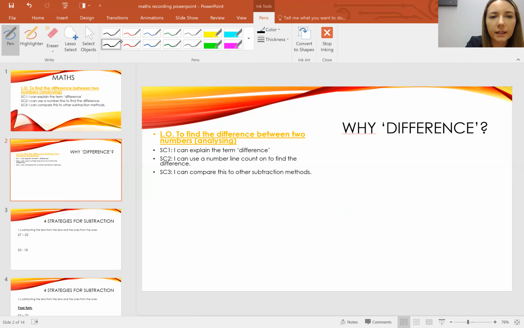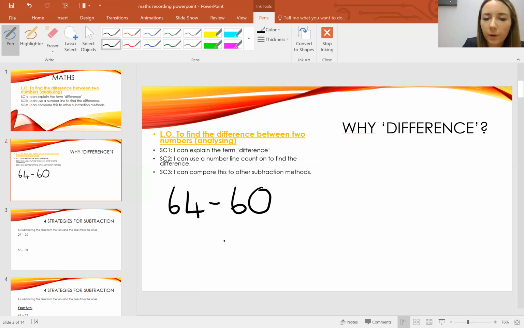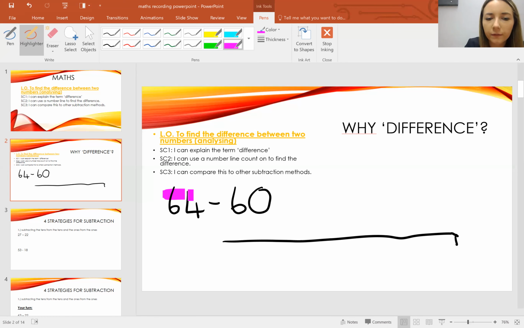If we had the calculation 64 take away 60, what we're doing is saying how many numbers are between the minuend and the subtrahend. We're taking away 60.